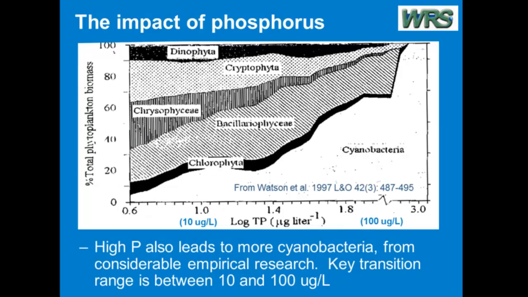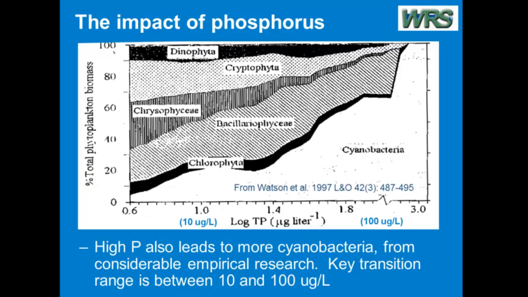This graph is not the prettiest one I've ever seen, but it sure is one of the most useful. All this is really saying is that as the phosphorus goes up, the percentage of the algae, the phytoplankton, in cyanobacteria, or blue-green algae, also goes up. In other words, everything else either declines or is sort of stable.